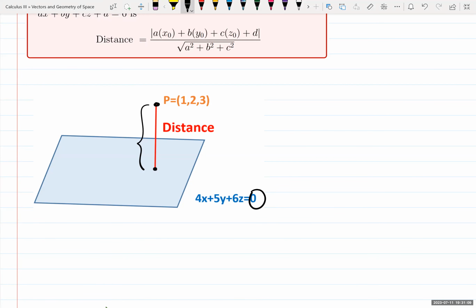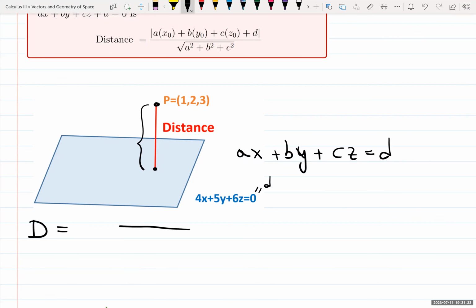Around the world, they did not agree on capital or small letters. In the formula ax plus by plus cz equals d, if it's 0, then d is 0. But capital D is a distance.